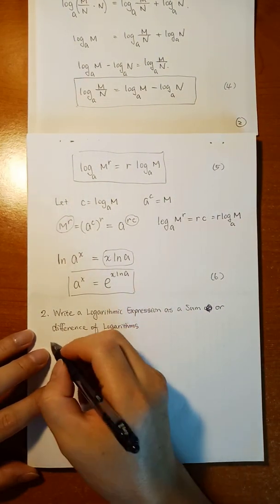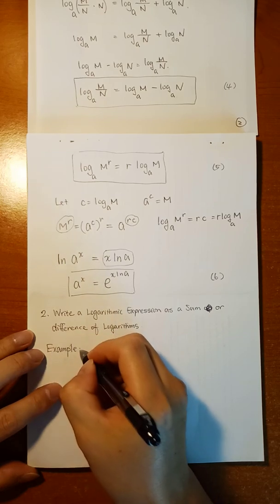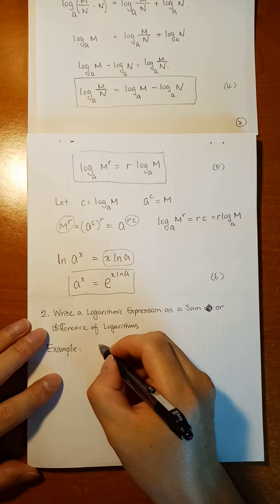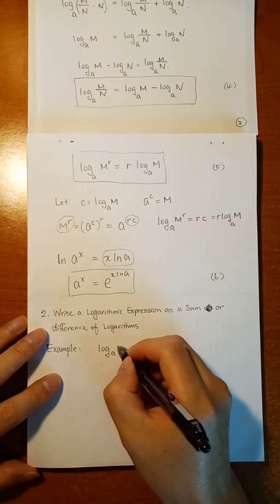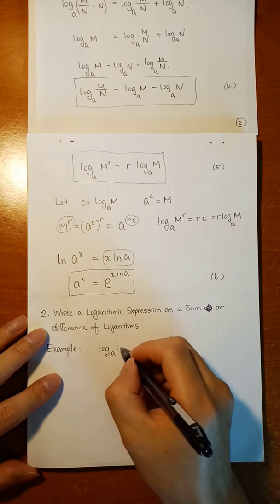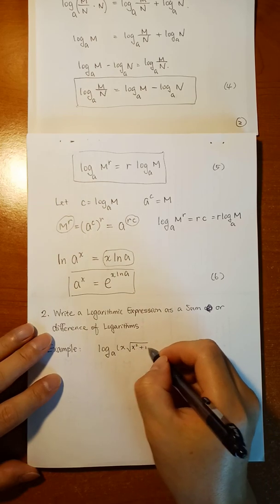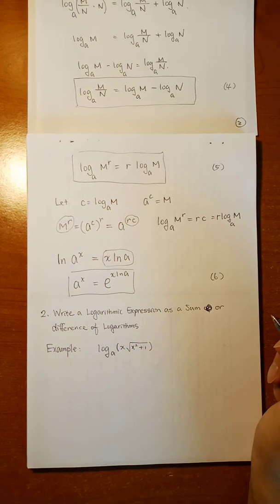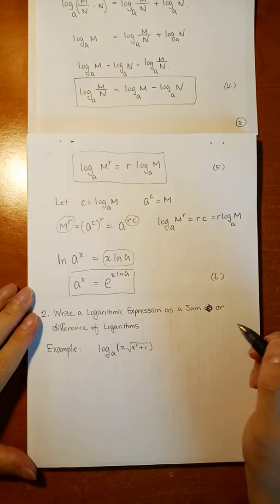Okay, so for example, if we have log to the base a of x times the square root of x squared plus 1, we write it as a sum of logarithms. How do we do it?